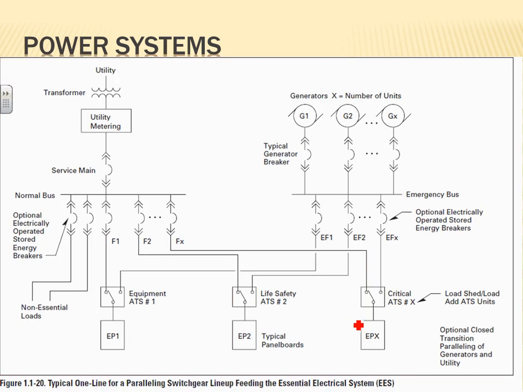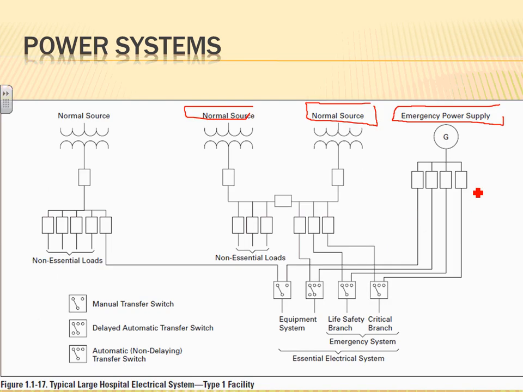So now we get into even further than that. I don't know if you guys can see, this is one generator feeding a lineup of switchgear and feeding everything else, right? That's allowed by code through different auto transfer switches, so you have life safety and critical and so forth.